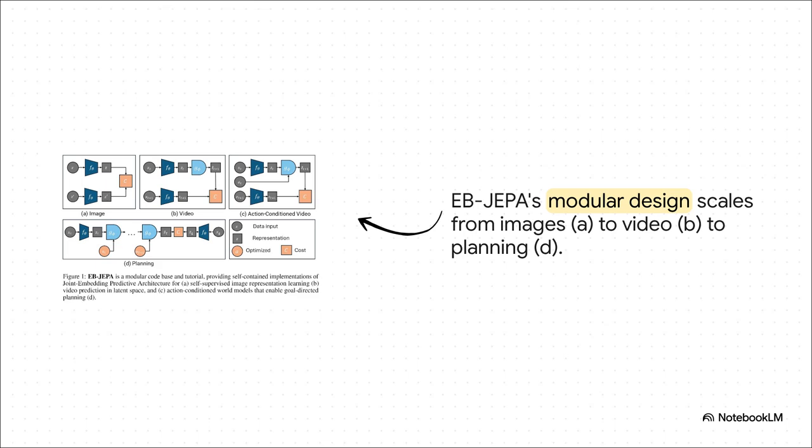Then, in B, it levels up to video. Now it's not just seeing, it's seeing over time, and it's learning to predict the very next moment. In panel C, it gets even smarter by adding actions into the mix, learning how its own choices change the future. And all of that leads to the final stage, panel D, planning. The model can now use its internal simulation of the world to figure out the exact steps it needs to take to reach a goal.